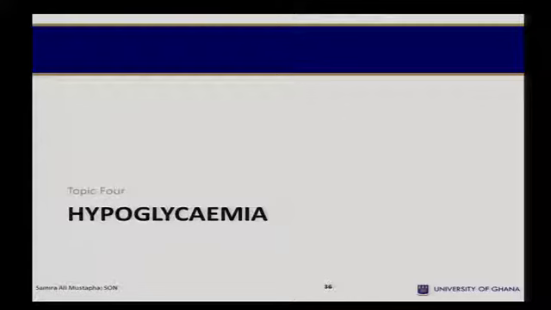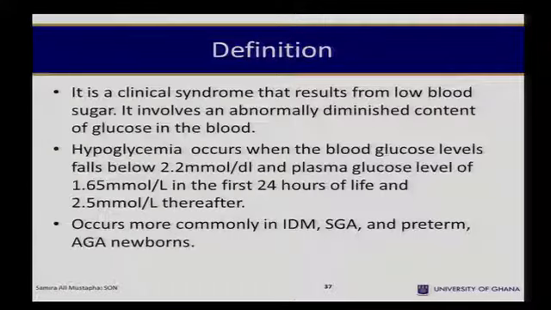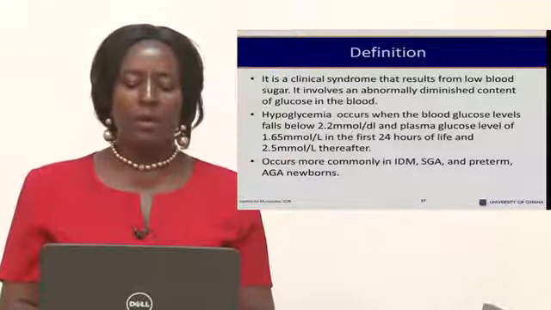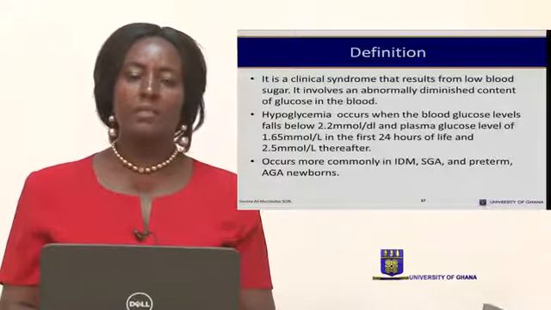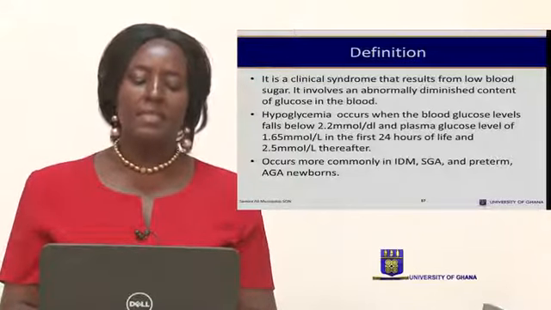hypoglycemia. So hypoglycemia is a clinical syndrome that results from low blood sugar, and this happens or is diagnostic when we say the blood sugar is below 2.6.